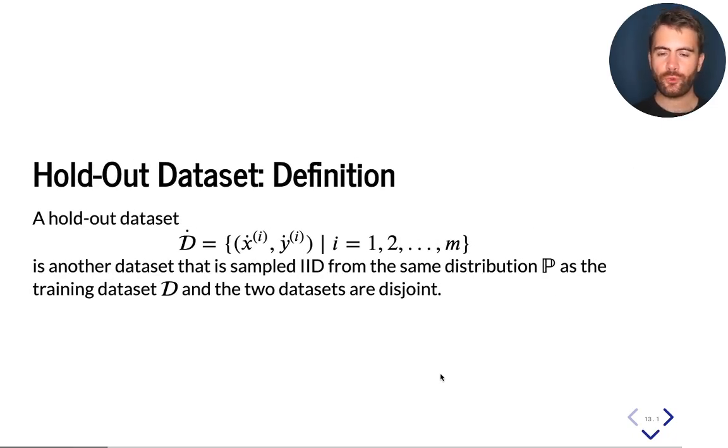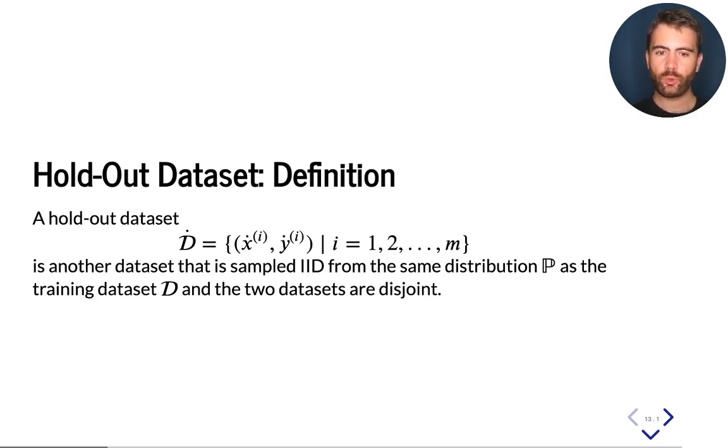Now, in order to make this intuition more precise, I am going to define a few tools or concepts. The first idea I want to define is this idea of a holdout data set.